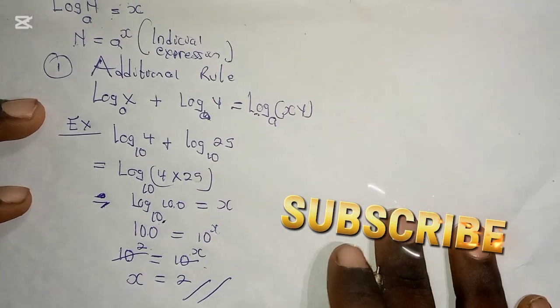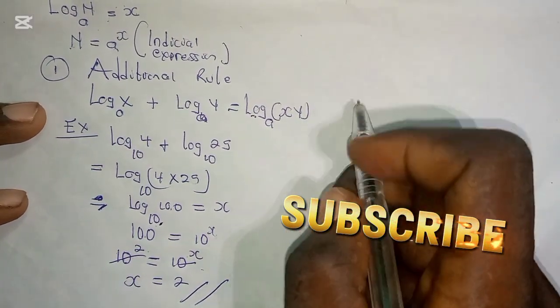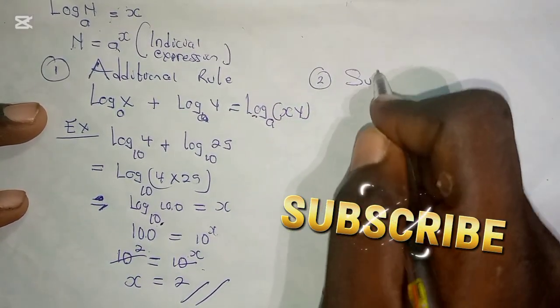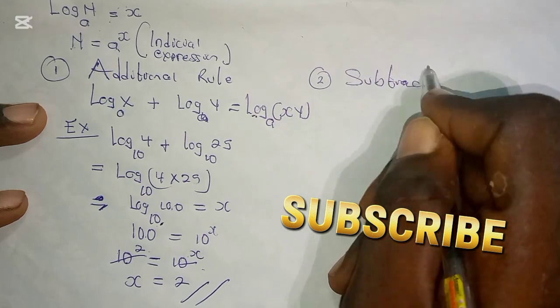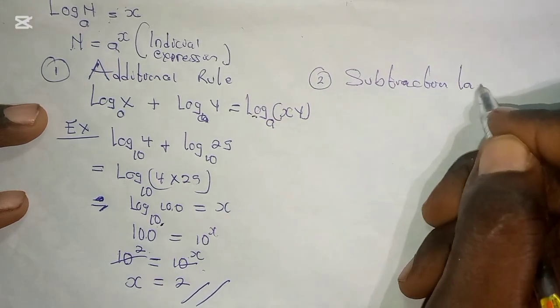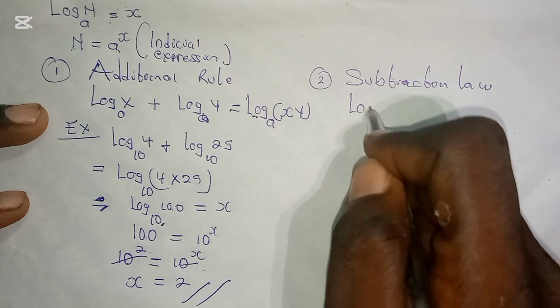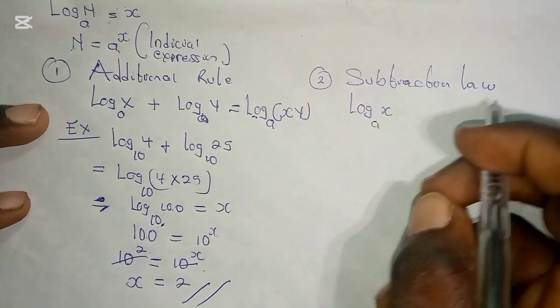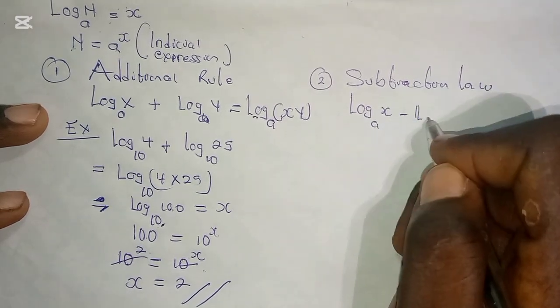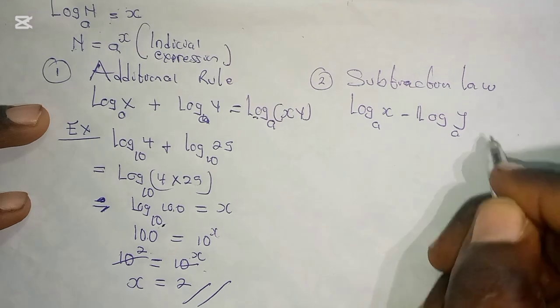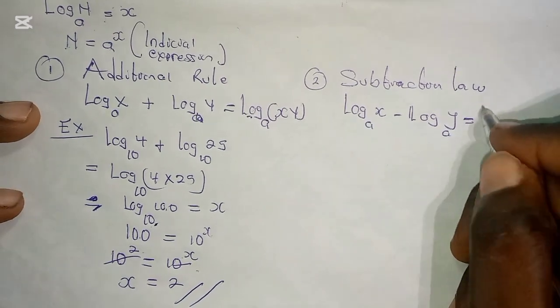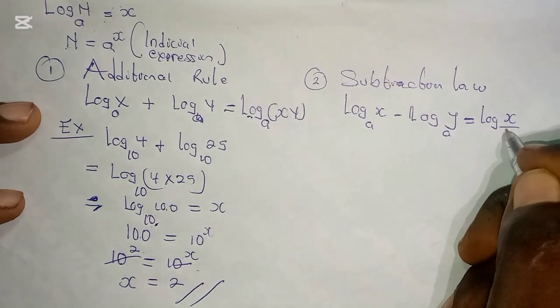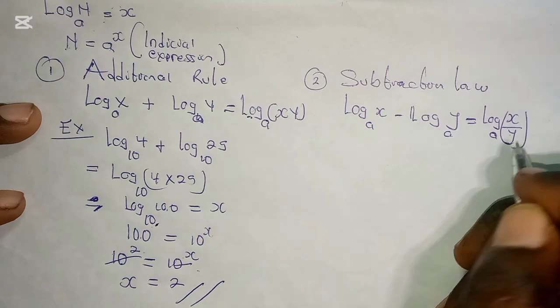Now let's look at the second property, which is that of subtraction. The subtraction law: when you have log x base a minus log y base a, this is equal to log of x divided by y, base a.